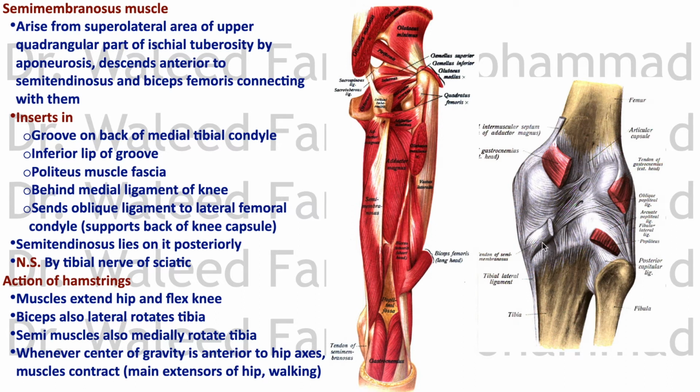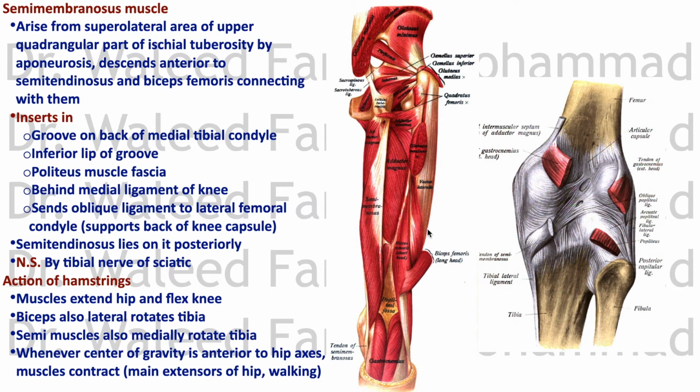This is the oblique ligament, which is an extension of the semimembranosus muscle, to the lateral femoral condyle. It supports the back of the knee. And the semitendinosus lies on the muscle posteriorly. The nerve supply is by the tibial nerve of the sciatic.